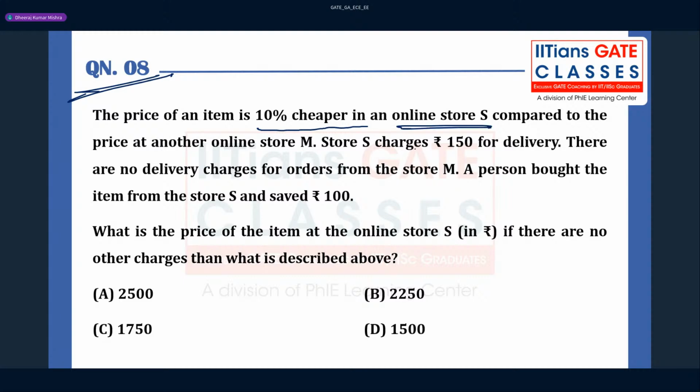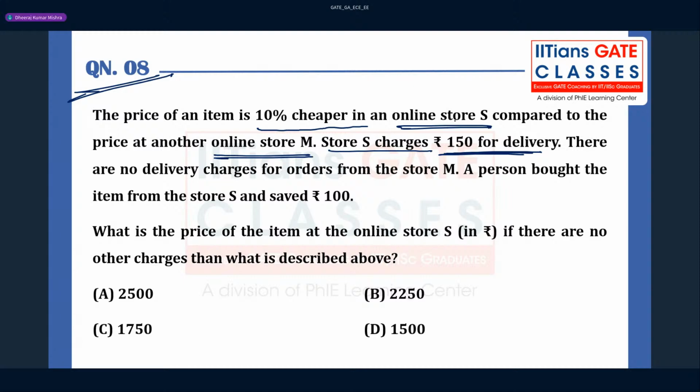There are two online stores: one online store is S, the second online store is M. Meaning it is cheaper by 10% in online store S as compared to the price at another online store M. Now store S charges 150 rupees for delivery. See, store S charges 150 rupees for delivery. Understand?